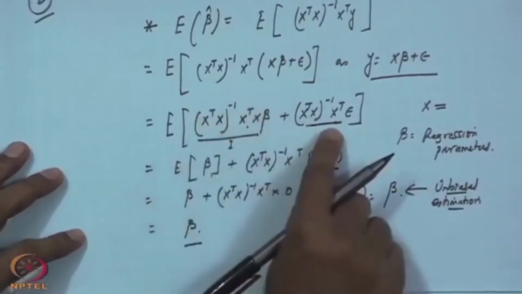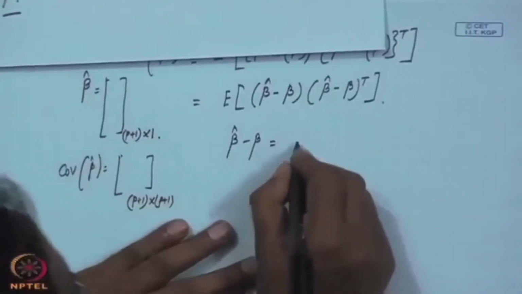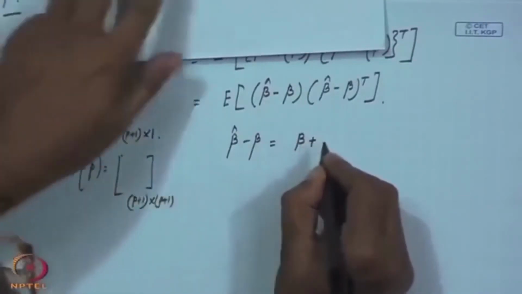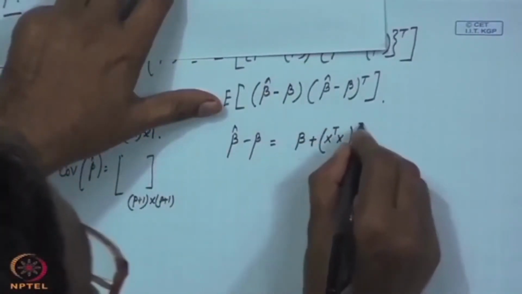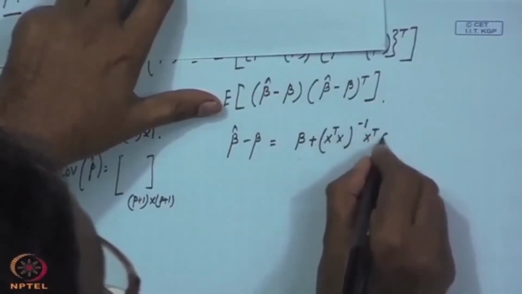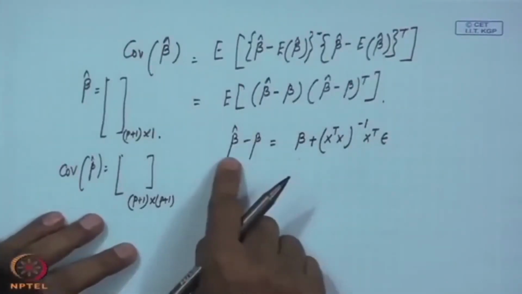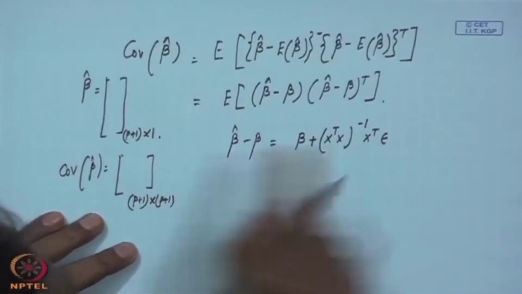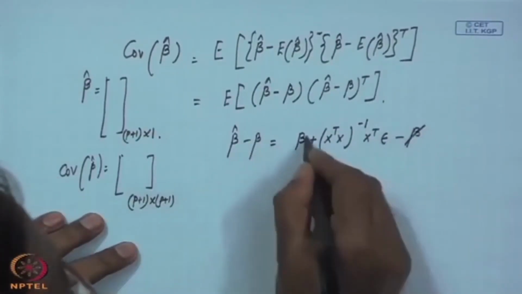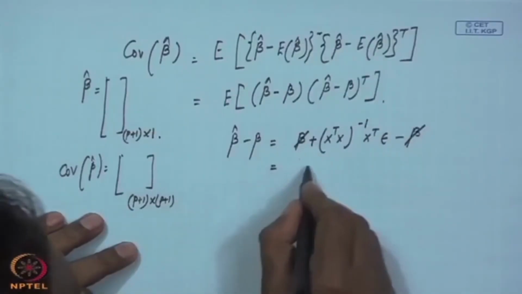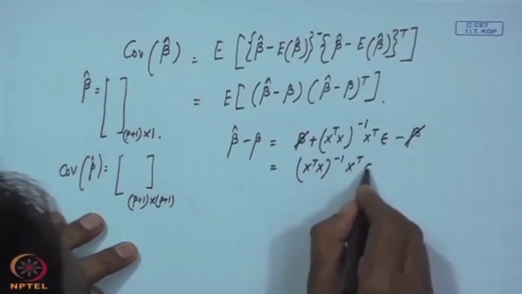So, I can write this using beta plus (X transpose X) inverse X transpose epsilon. For beta cap minus beta, the beta cancels out, so this quantity becomes (X transpose X) inverse X transpose epsilon.